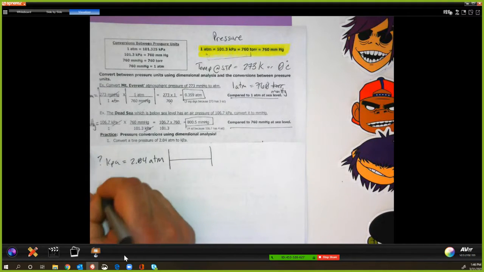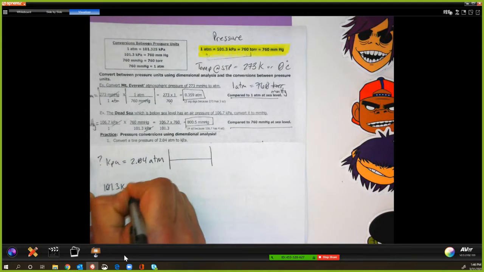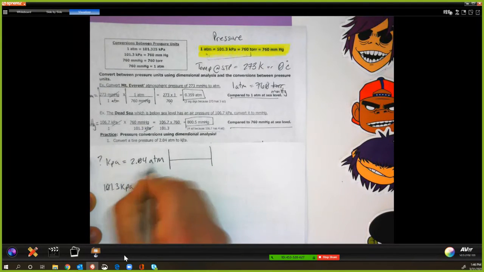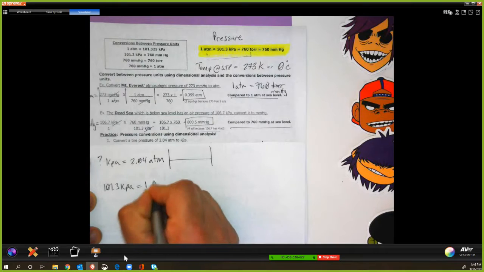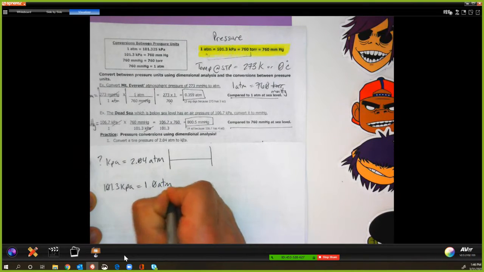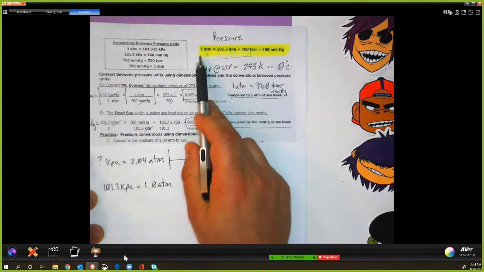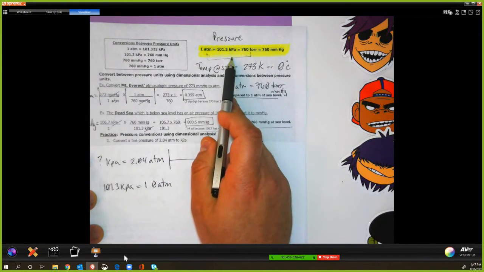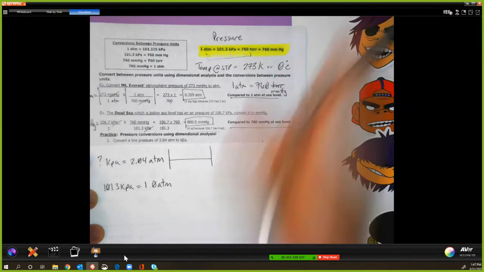And we know that for every 101.3 kilopascals, it is 1 atmosphere, right? Because they're all equivalent. Now we're going between atmospheres and kilopascals. So we're ignoring this. This is our conversion factor.